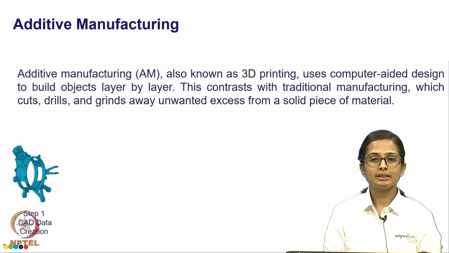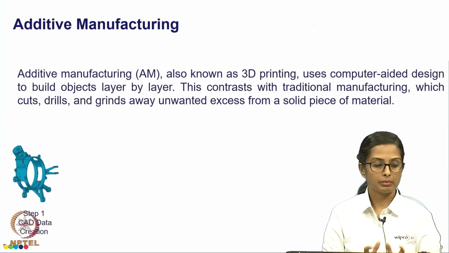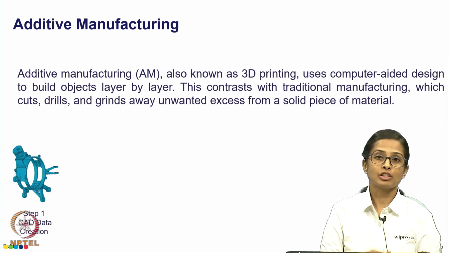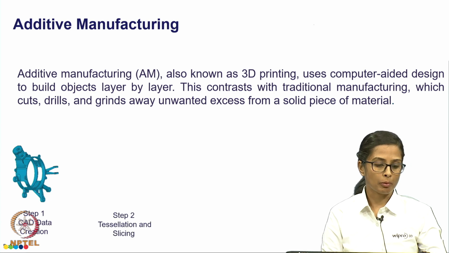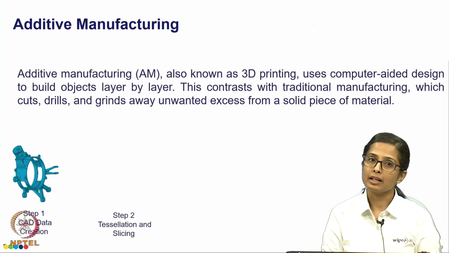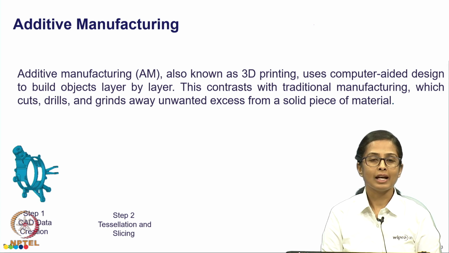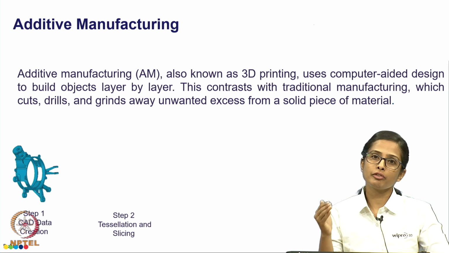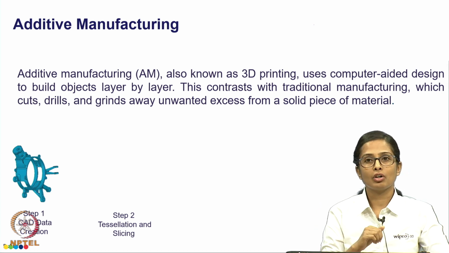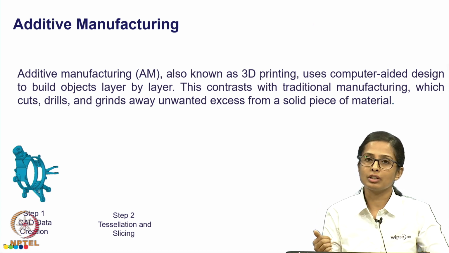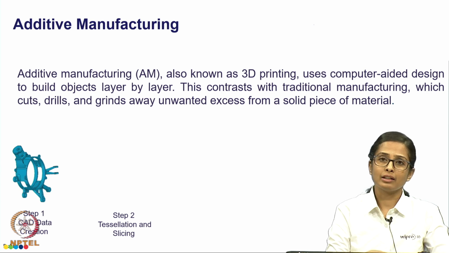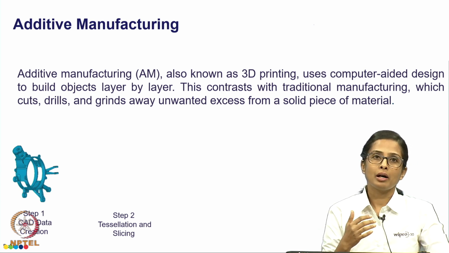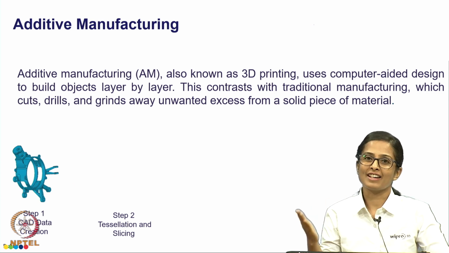Once this model is created, it has to be exported into a file format called STL. This is what we call tessellation. The full form of STL, some people call standard triangulation language, some call it standard tessellation language. There are different names, but everybody agrees that it is .stl.